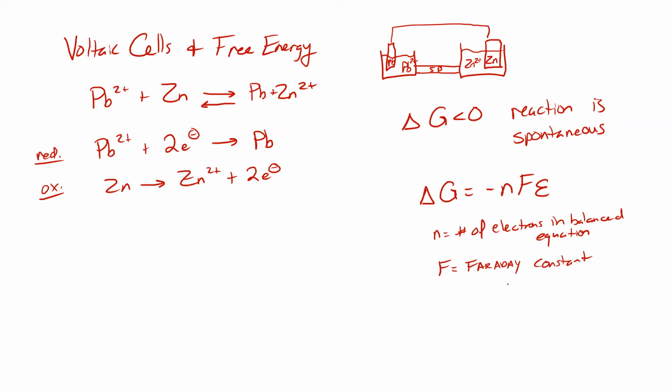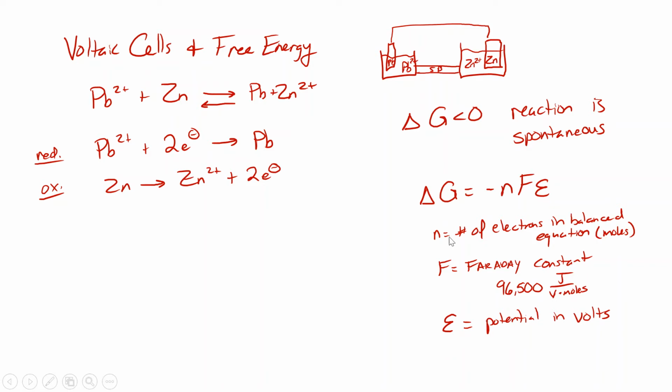The Faraday constant is 96,500 joules over volts times moles. So the number of electrons is going to be in moles. The Faraday constant is in joules over volts times moles, and then the epsilon is going to be the potential of the cell in volts. So moles and volts are going to cancel out here, and we get our delta G in joules.